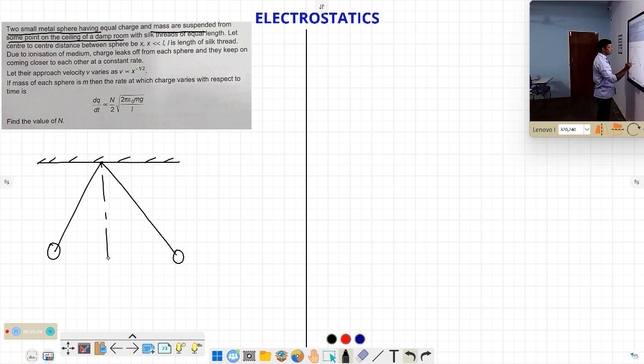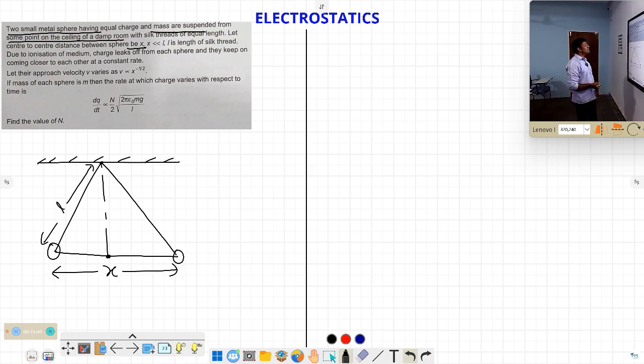Initially they are here. Now both are separated by a certain distance. How much is the separation? x. So the separation between these two is x at equilibrium condition. L is the length of the silk thread used to suspend the spheres.